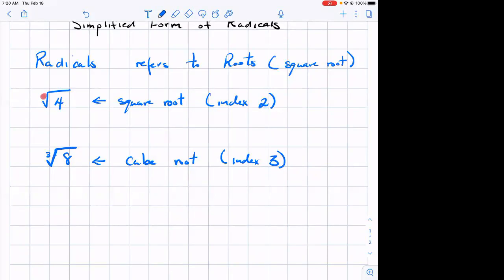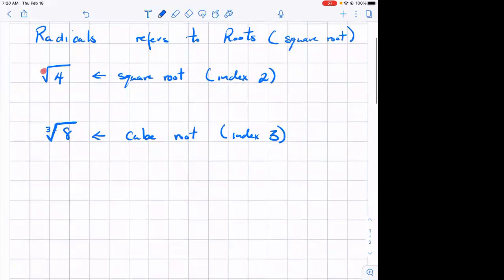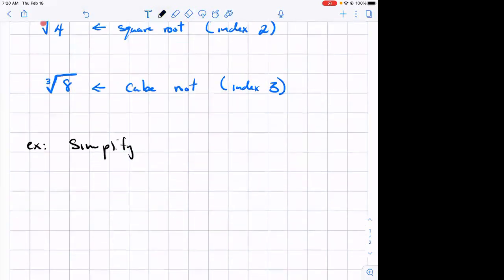We know how to simplify radicals when the radicand is a perfect square or a perfect cube. So, for example, if I ask you to simplify the root of 16.